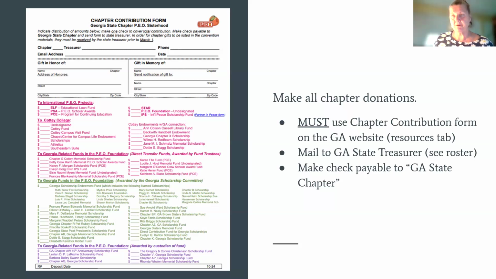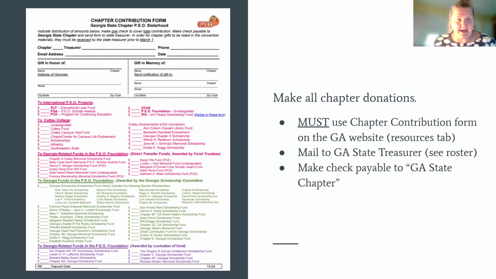When they receive it, when I type this up, it will go to PCE with the Katie Henry Fund recognition, but it is going to the foundation first and not PCE. That is true for any of these in this part. So whether it's Karen Fight, the Kathleen Blake, those are going to the foundation first and then to the actual project. The green are all Georgia foundations.